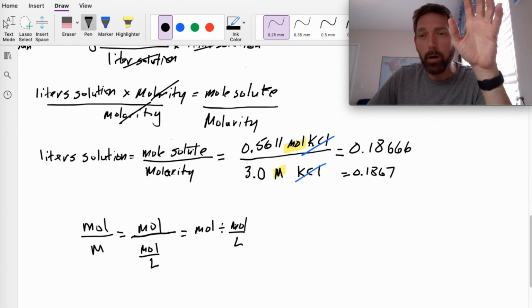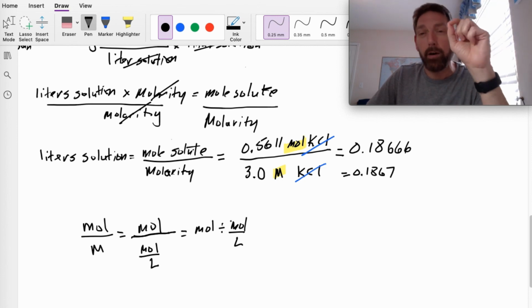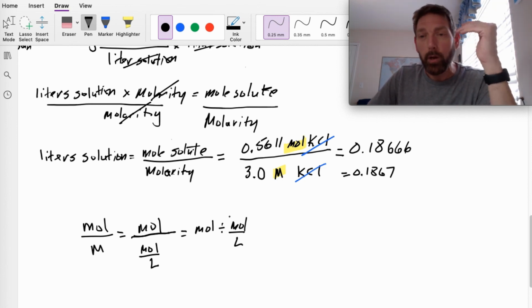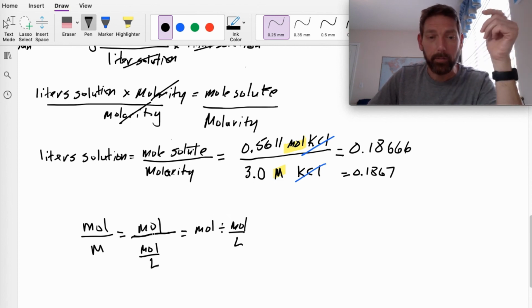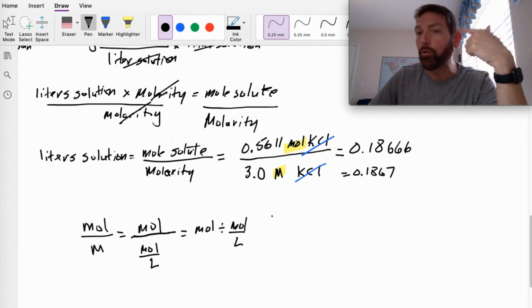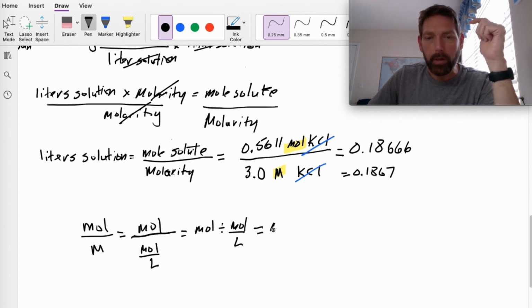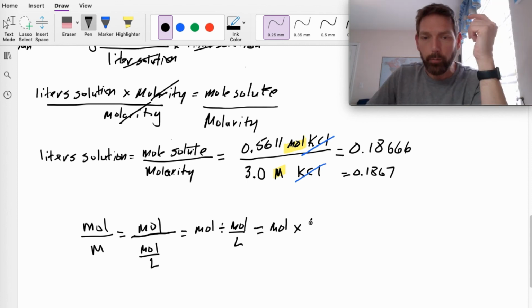Now, we were taught a long time ago, even before you did algebra, when you were doing just basic fractions, when you're dividing something by a fraction, that you have to end up multiplying by the reciprocal. So that means we would have moles times the reciprocal, which would be liters per mole.